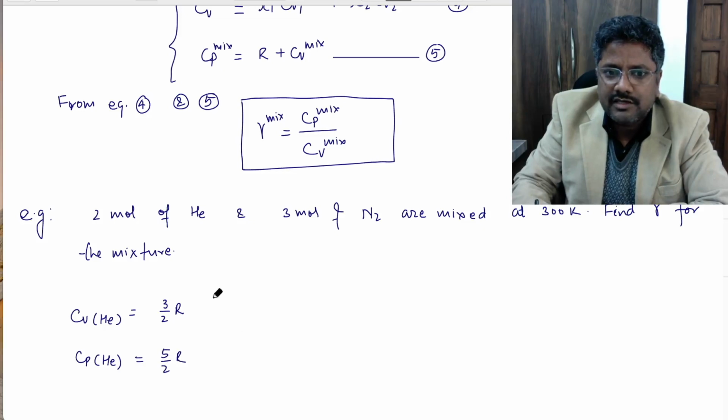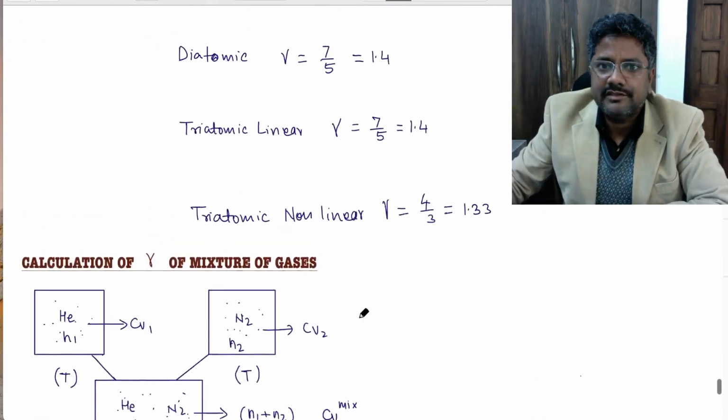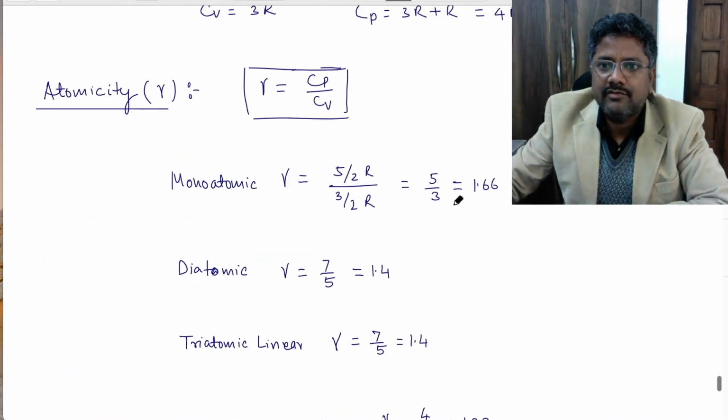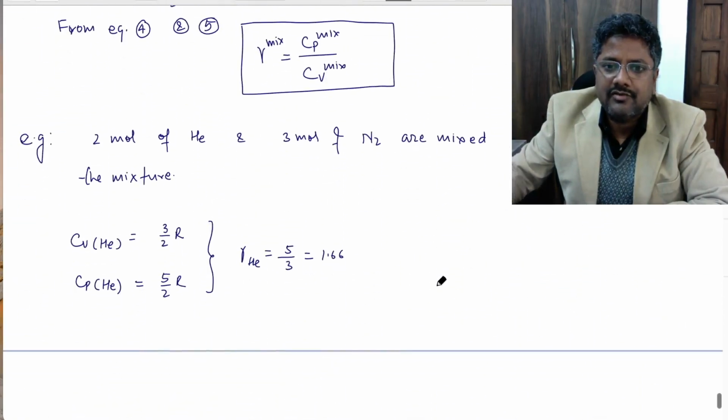So what is the gamma for helium? Gamma for helium is equal to 5 by 3. So this is 1.66, monoatomic.